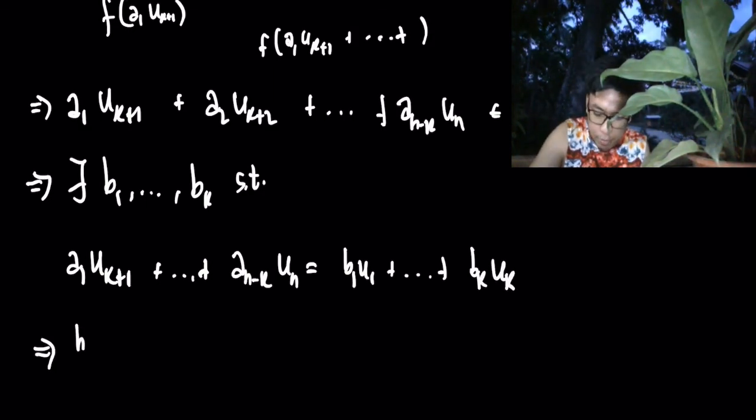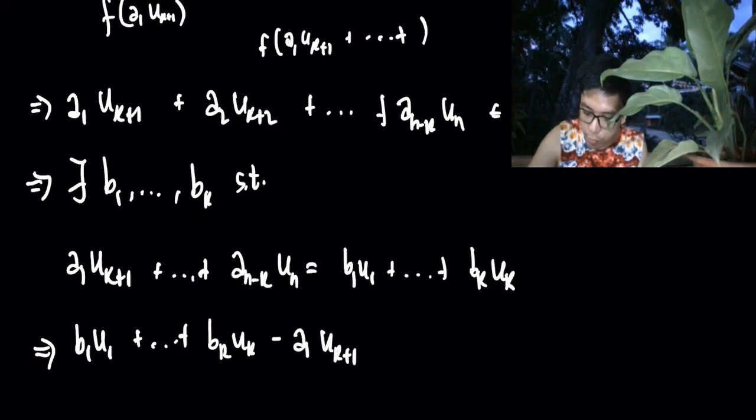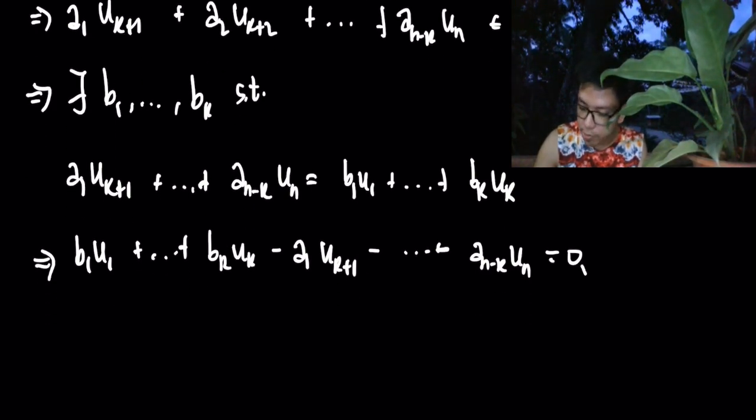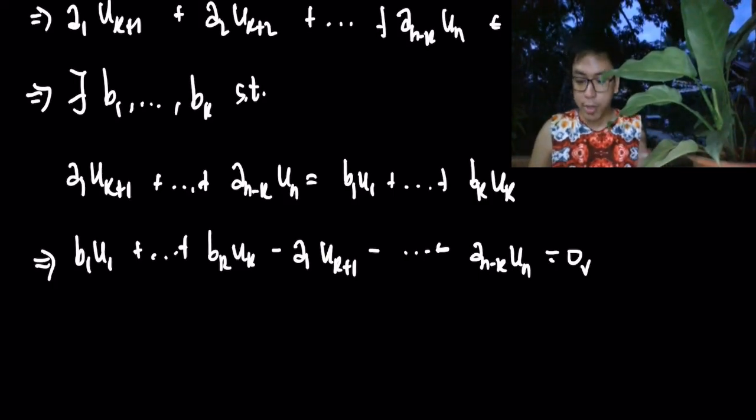I would have B1 U1 plus until BK UK minus A1 UK plus 1 minus up until minus AN minus K UN equals 0. So that means I transfer all these terms here to the right side and then equate that to 0. Okay? So just basic algebra. This is the 0 vector, simply the 0 vector from the domain, because these are actually elements of the kernel.